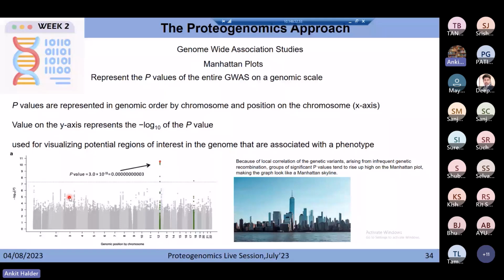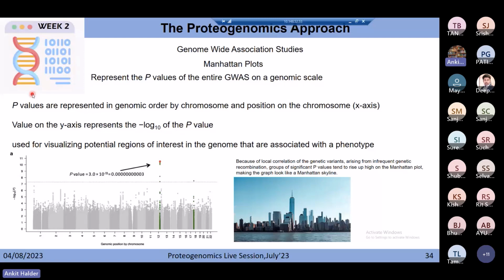If you look at a particular disease, say you want to find the genome-wide association for diabetes or hypertension, you would go and look at each genomic region, the SNPs in the individuals, and then you will try to understand the p-values by calculating all the statistical tests that we just discussed.